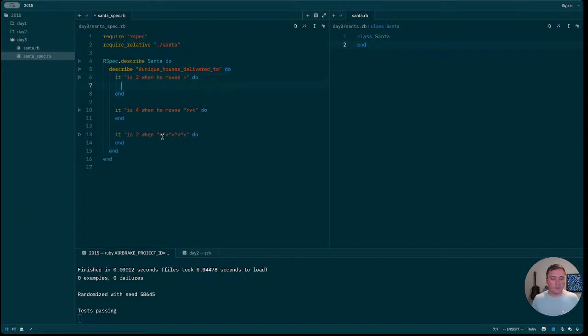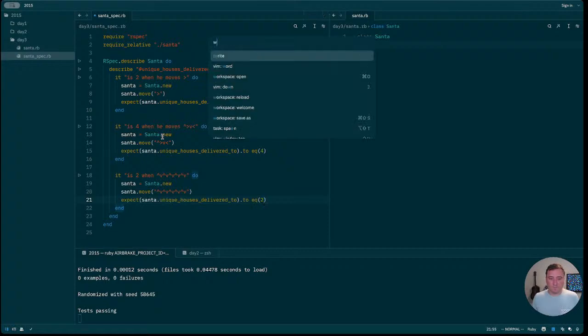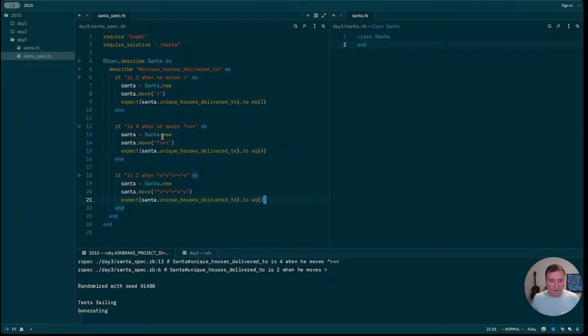Okay, so let's say Santa equals Santa.new, Santa.move that, expect Santa.unique_houses_delivered_to to equal 2. Santa equals Santa.new, Santa.move that, expect 4, and Santa equals Santa.new, Santa.move that, and expect 2. And tests are failing.